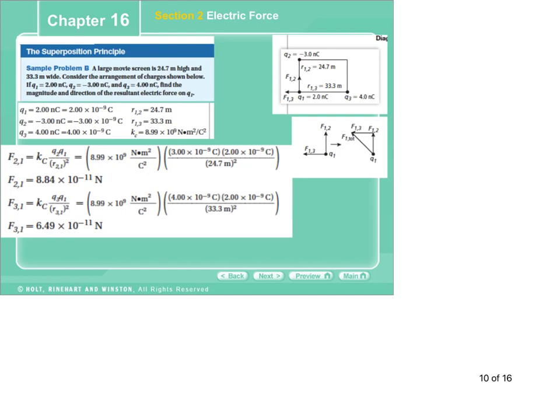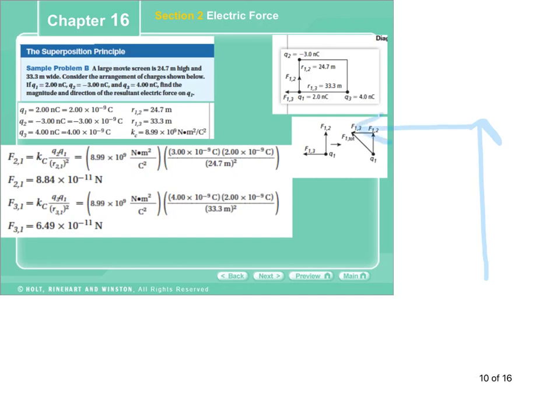So first thing we do, we go ahead and find the amounts of the two forces. So we've got a force here, and we've got a force here.